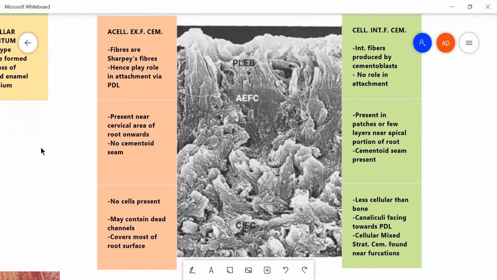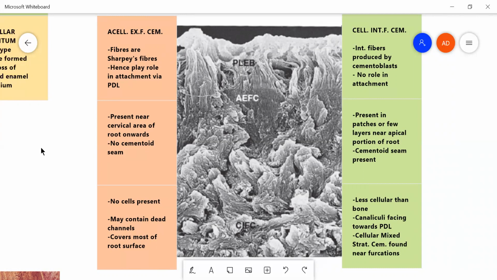AEFC is present near the cervical region of the root onwards, and CIFC is seen only in patches near the apical portion of the root or in a few stratified layers. AEFC has no cementoid seam, so cementoid is absent, and CIFC has a cementoid seam.